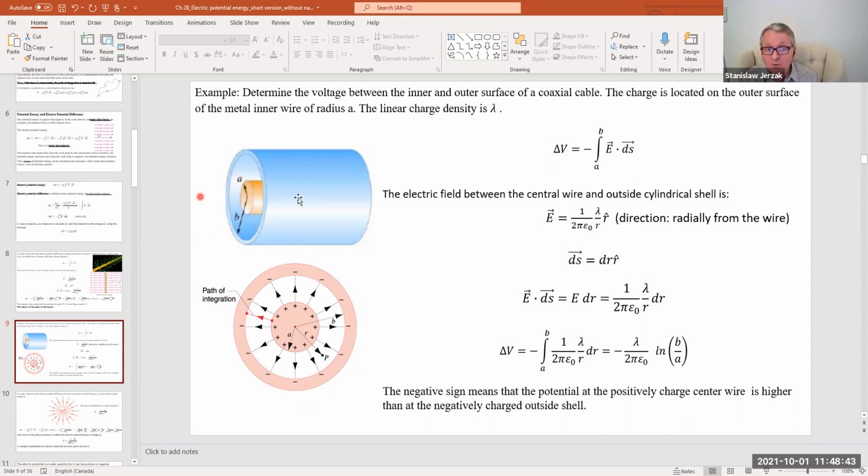So here you have that inner wire of radius A and outer metal shell with radius B. And when we used Gauss law, we concluded that electric field is present between that inner wire and outer shell, and that electric field is radial in that region, goes radially away, and the magnitude of that electric field is given by the same expression as electric field due to line of charge, which we did on the previous slide, right? So that's what we calculated using Gauss law.